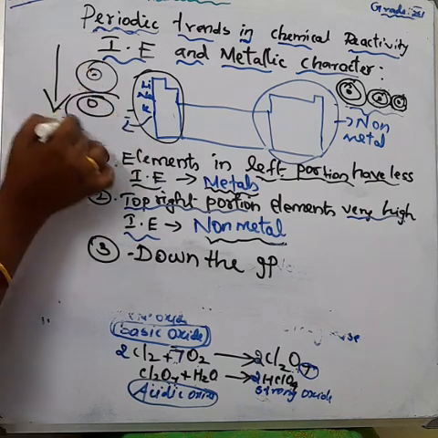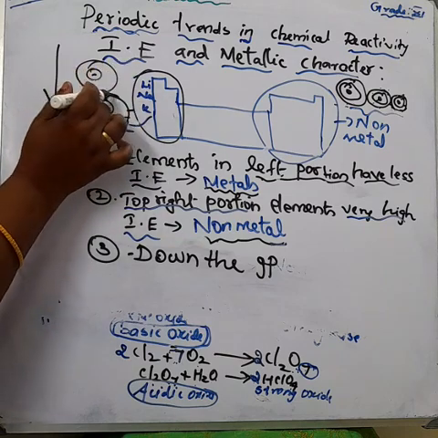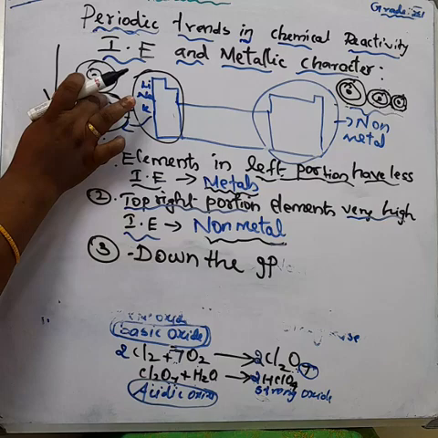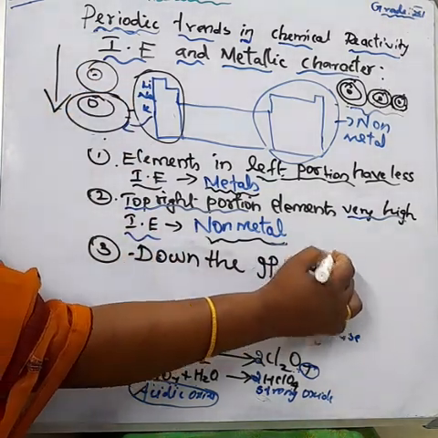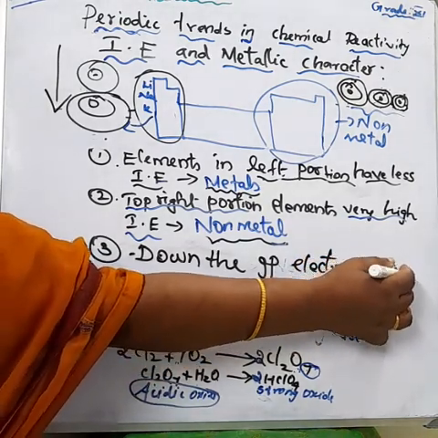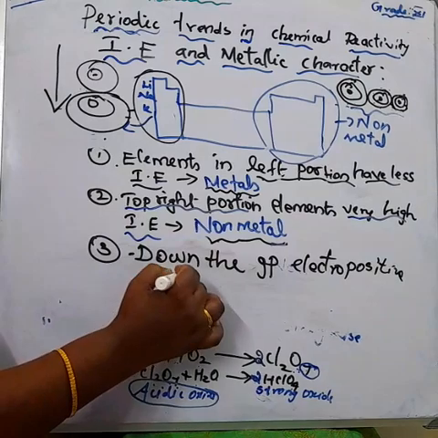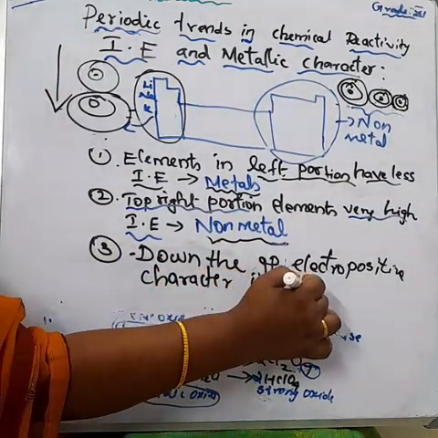So when the number of shells increases, the electropositive character increases, because the element easily loses electrons. The distance between the center of the nucleus and the outermost electrons also increases, so the nuclear force of attraction on the outermost electrons decreases.